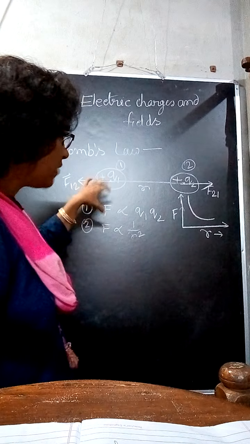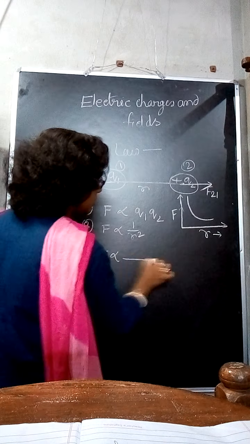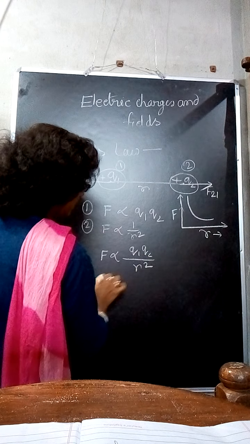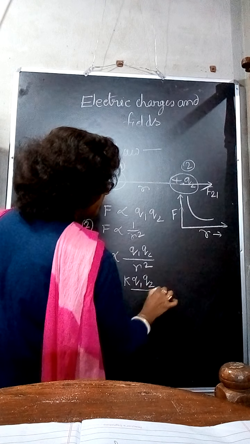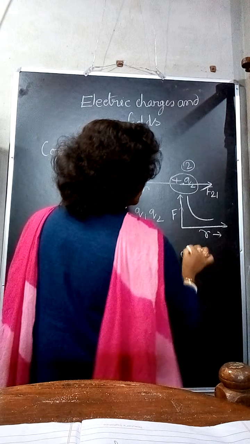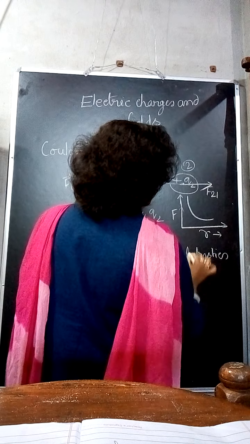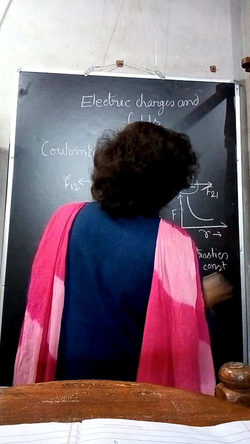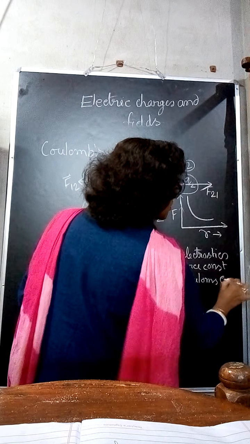If we combine the 1 number point and 2 number point, then it will come F is proportional to Q1 Q2 by R square, or F is equal to K into Q1 Q2 by R square, where K is equal to electrostatic force constant or Coulomb's constant.